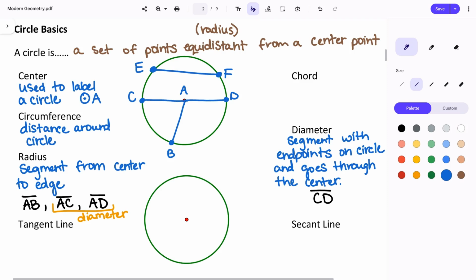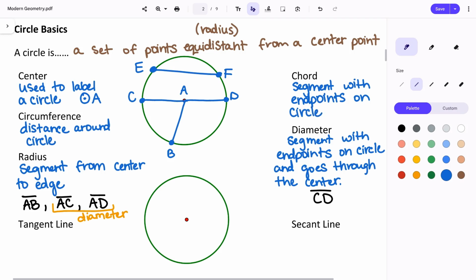A chord is like a diameter in that it goes from edge to edge of a circle, but it does not have to pass through the center. So a chord, the definition here is that it's still a segment with endpoints on the circle.